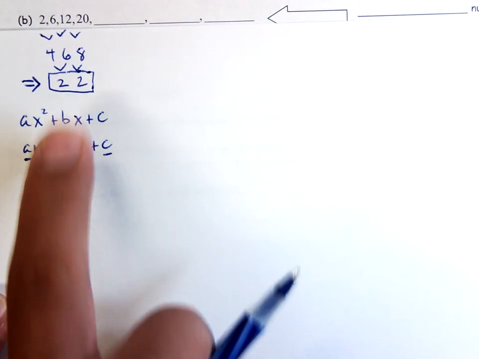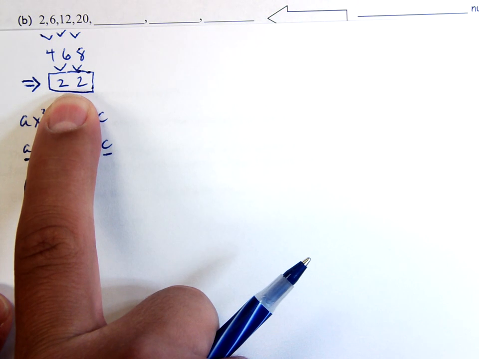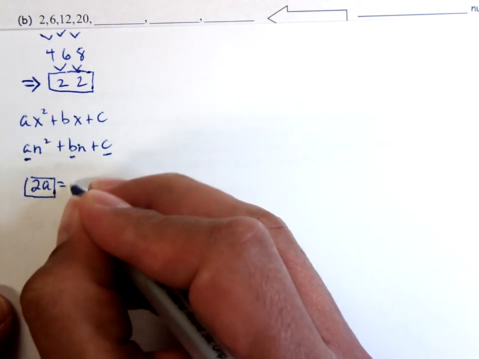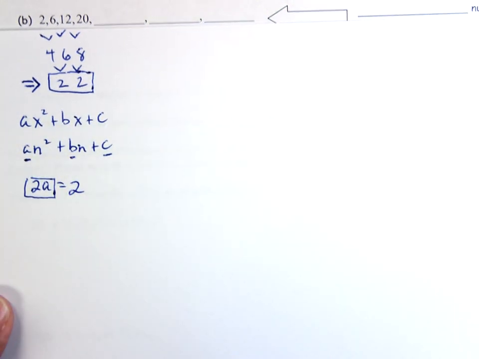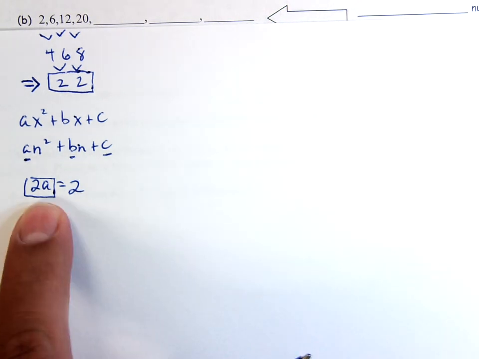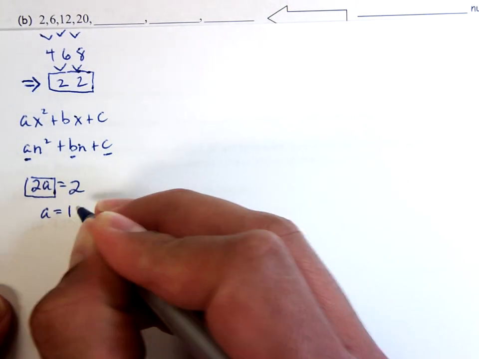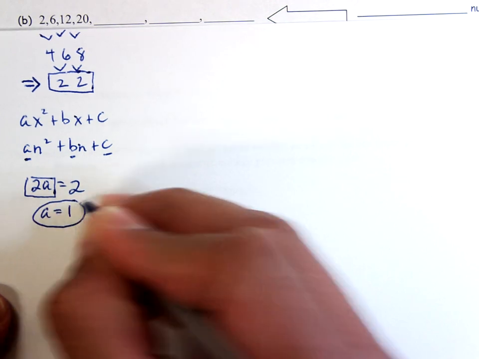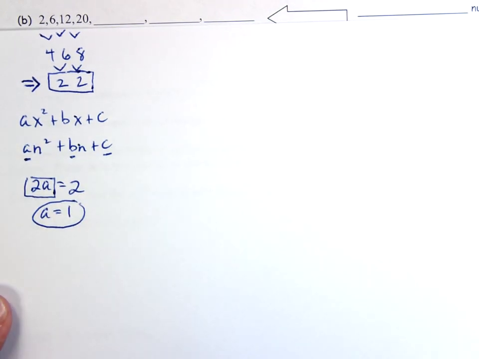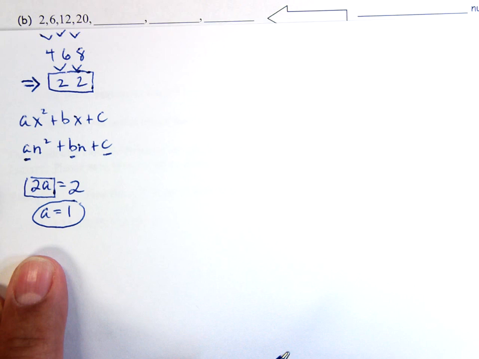So 2a is equal to 2. Now it's a little one-step equation. If 2a is equal to 2, then a must be equal to 1. Okay, so I got my first letter. I got a. That's always the easiest one. And like I said in class, a is not always equal to 1, but it's easier if it is 1, so that's the example that I keep giving you guys.